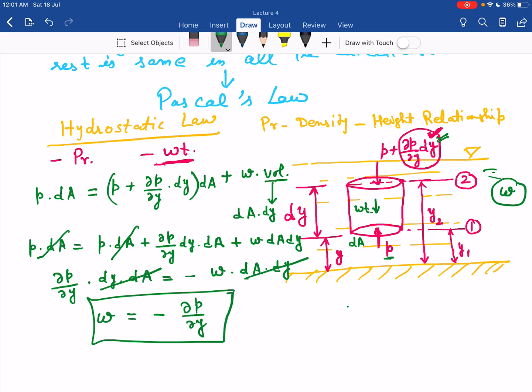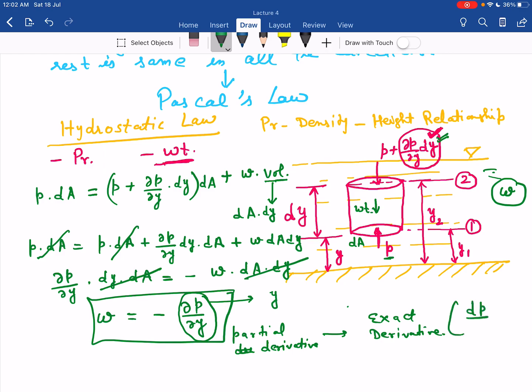Now, if the intensity of pressure varies only along the y direction, then we can replace this partial derivative with the exact derivative, that is dp/dy.